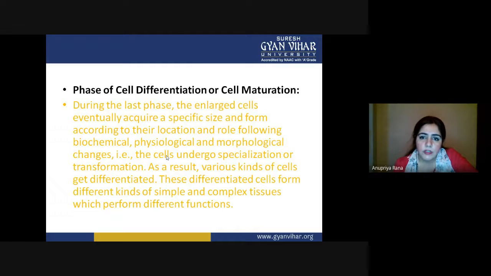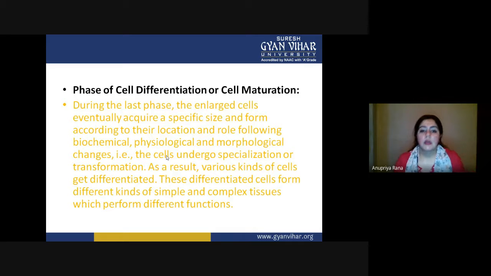In this differentiation process, they are going to have their roles to play inside the plant. Their biochemical, physiological, and morphological changes will make them specialized and unique to a particular cell. So the cell undergoes specialization and transformation. This is the phase where the cell gets its role, its job to play inside the body.